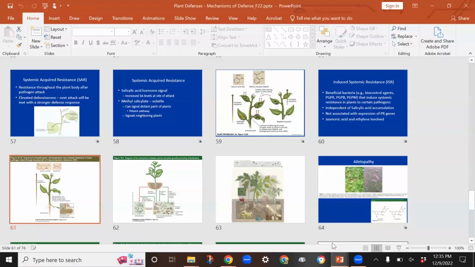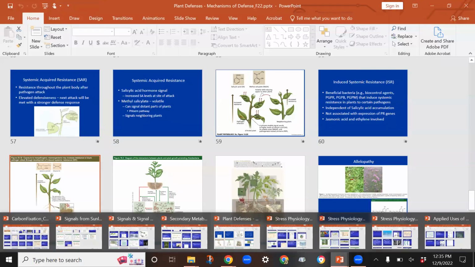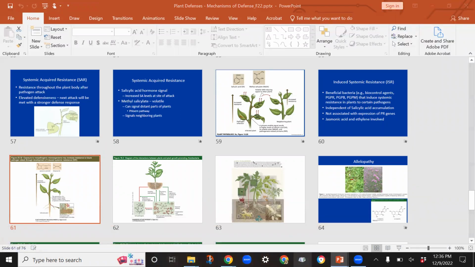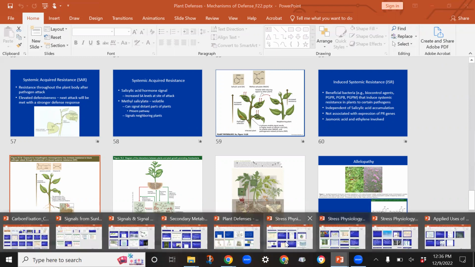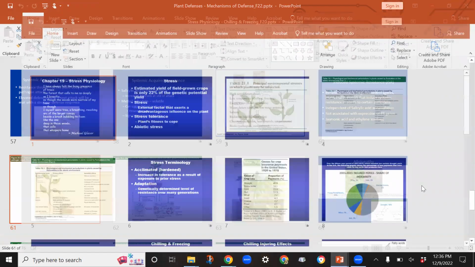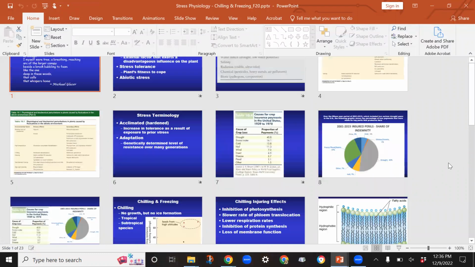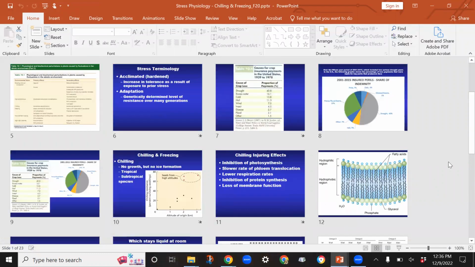And then really the abiotic stresses, there's not a whole lot of content there. It'll probably look similar to what we already asked, because I didn't really get into too much detail on these different slide sets. We're just looking at chilling, drought, and flooding.